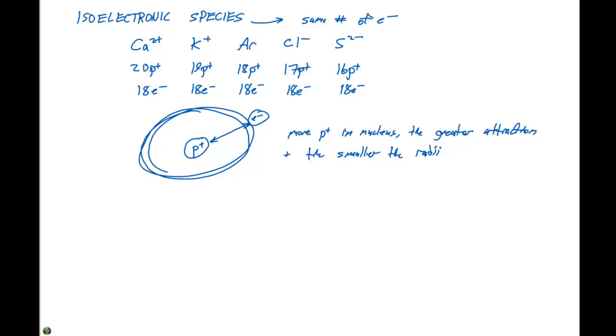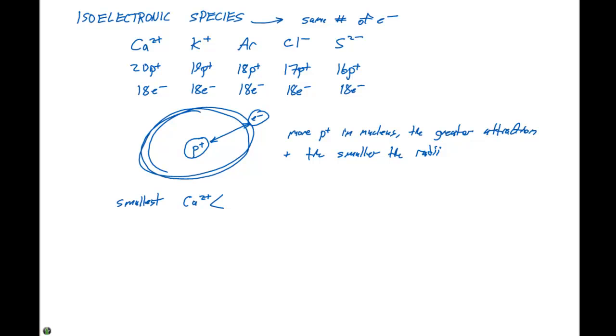So when we look at some elements arranged, we first need to figure out how many protons and how many electrons they have. If everything has the same number of electrons, we have a benchmark in which we can arrange these in a particular order. So the smallest in this series is going to be the one with the most protons. So if we look at that, we would see calcium 2+ has 20 protons.